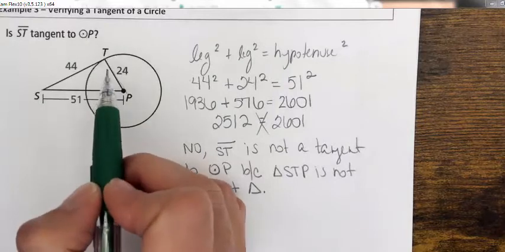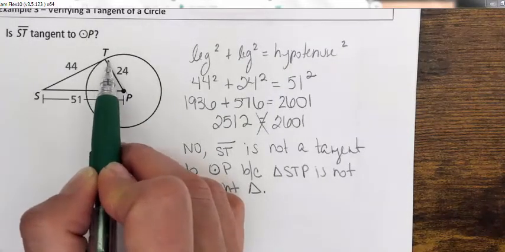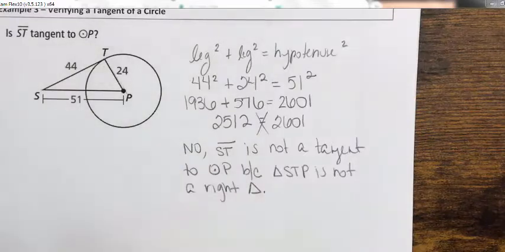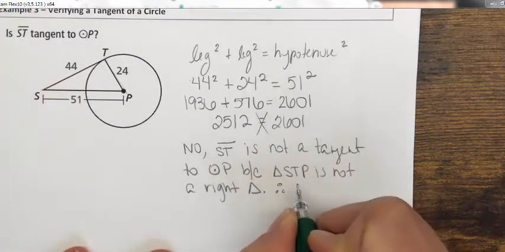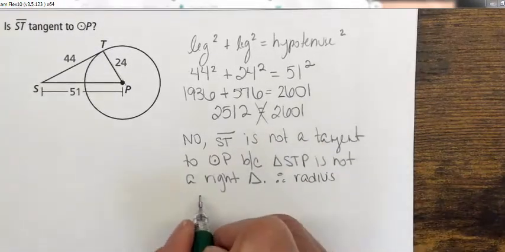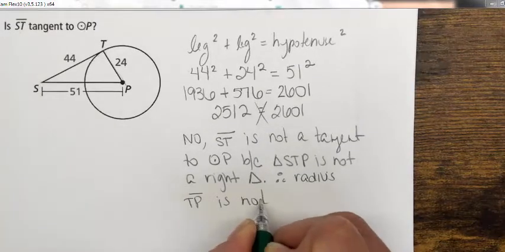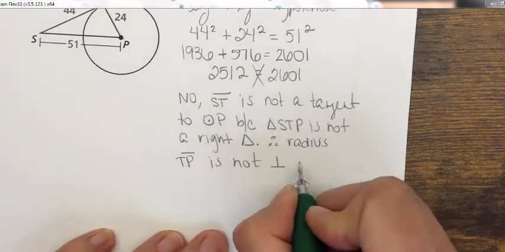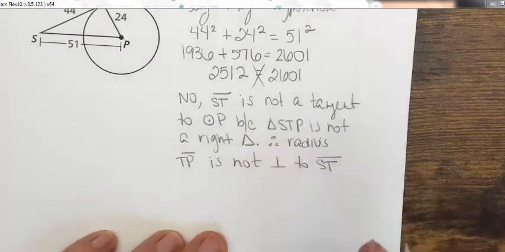So we know that the radius is not perpendicular to segment ST. So I'll say something like, therefore, radius, which is segment TP, is not perpendicular to segment ST.